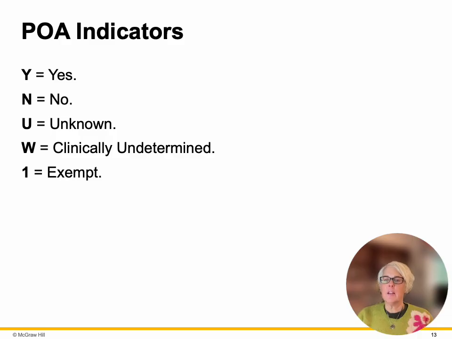W means clinically undetermined, which is used when even the provider cannot say for sure whether the condition was present on admission. Finally, number 1 is used for POA exempt codes. This is a diagnosis where a POA indicator is not required. My job is to pick the value that matches the documentation, and when in doubt, I go to the provider for that clarification.